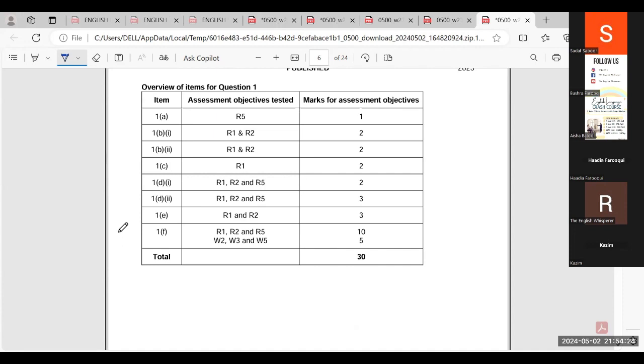What I want you to remember is, in question 1, part F, they are assessing you for various things. Your reading mark is out of 10, but they are assessing you for reading for explicit ideas and implicit ideas and for selecting specific information. What does this mean? You need to find points that are very obvious in the text.